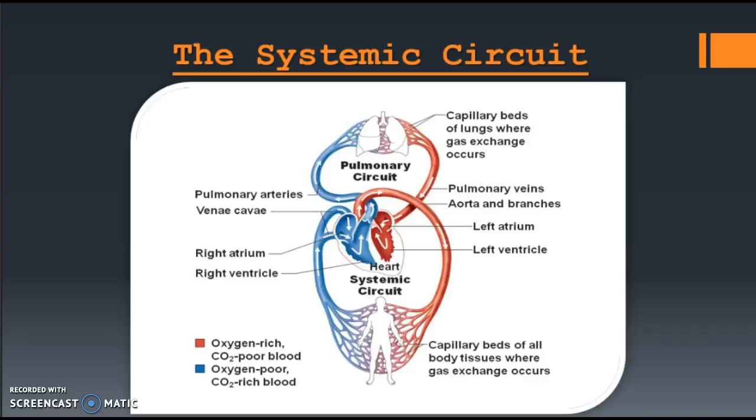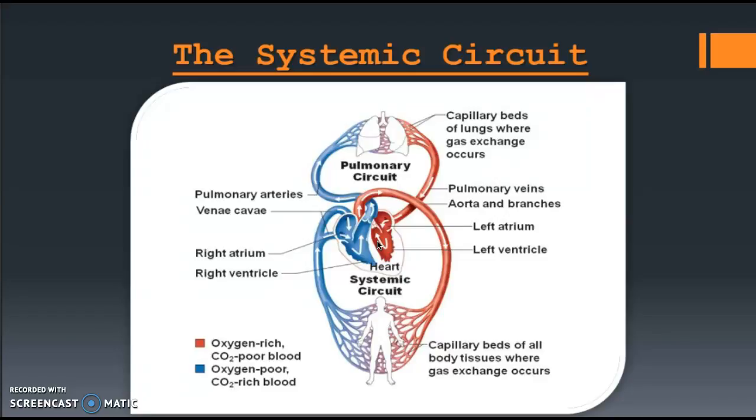So the oxygen-rich blood from the lung leaves the pulmonary circulation, which enters the left atrium through the pulmonary veins, and then this blood is pumped through the mitral valve into the left ventricle, which is here. And from the left ventricle, the blood is pumped through the aortic valve and into the aorta, which is the body's largest artery.